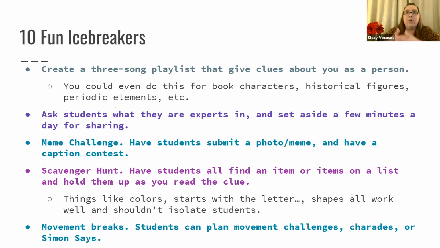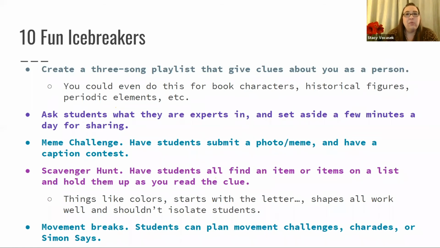That way it would open it up to a lot more options, or something that's letter O. Find something that is a triangle. Because you don't want to ask students for things that not every kid would have. That's going to isolate some students and make them feel hurt. And we don't want to do that.